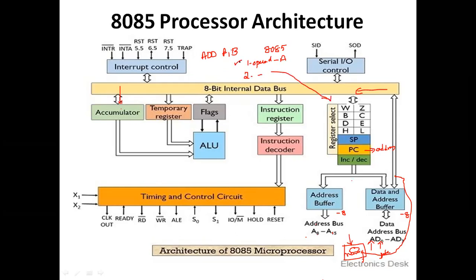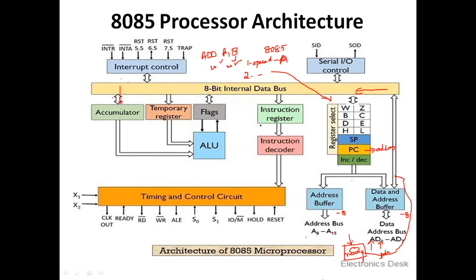It is mandatory that the first operand should be stored in the A register. A is the accumulator register, which is used for storing the first operand. So now if I want to add A and B, the A data will be stored in the accumulator. Suppose the A value is 20 and the B value is 30.